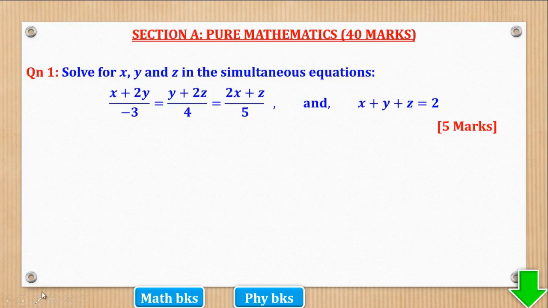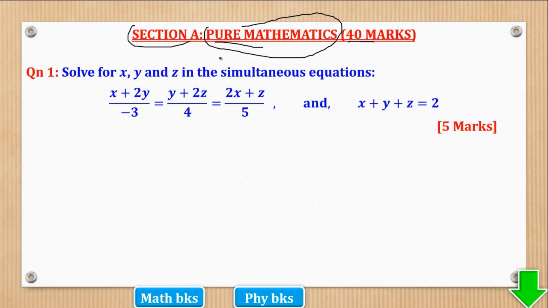So now we shall go through these questions. Because few topics were done in Senior 5 term 1, we chose to combine both papers into one paper. Ideally, pure math is a paper of its own called paper 1, and applied math is another paper of its own called paper 2. But in this first term, we chose to make section A pure math consisting of 40 marks and section B applied math.